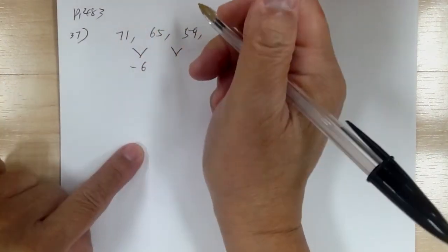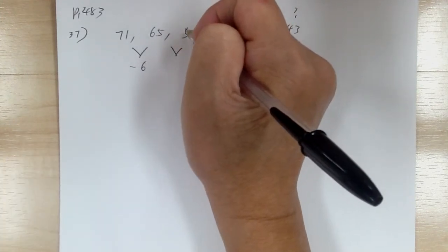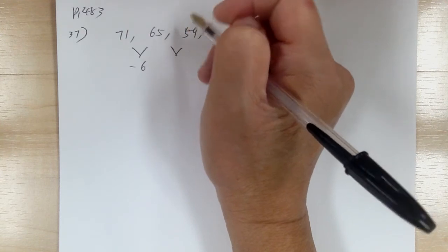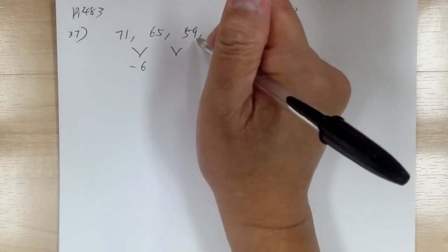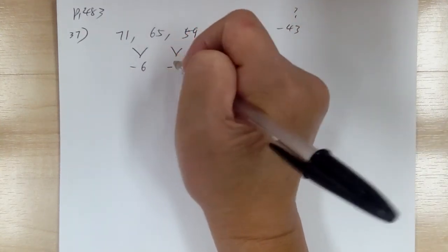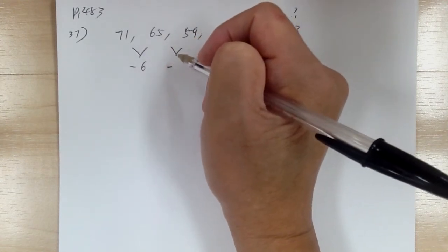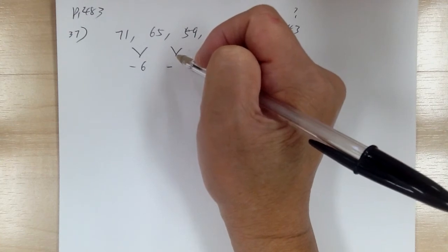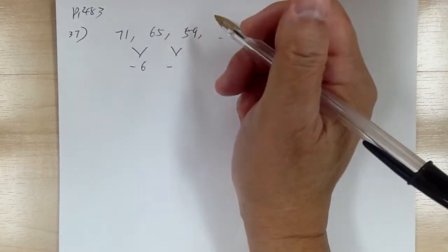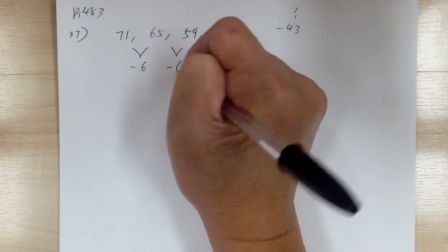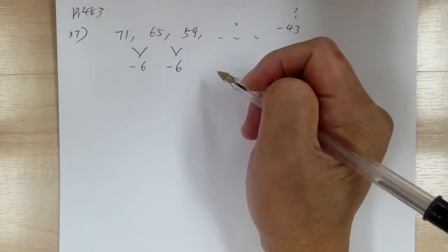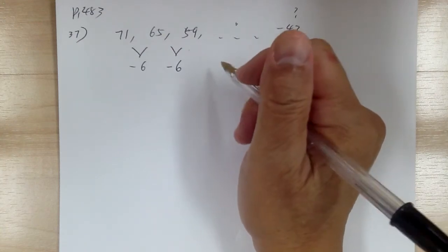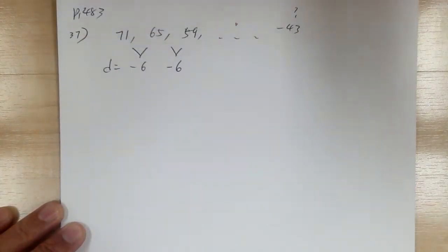Okay, let me double check. Okay, so you got d equal to negative 6.